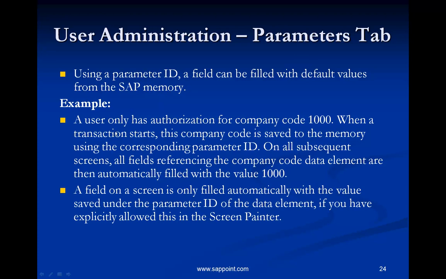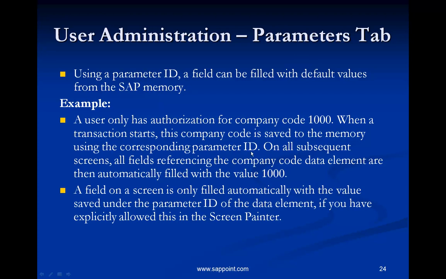For example, a user only has authorizations for company code 1000. When a transaction starts, this company code is saved in the memory using the corresponding parameter ID. On all subsequent screens, all fields referencing the company code data element are then automatically filled with the value 1000.